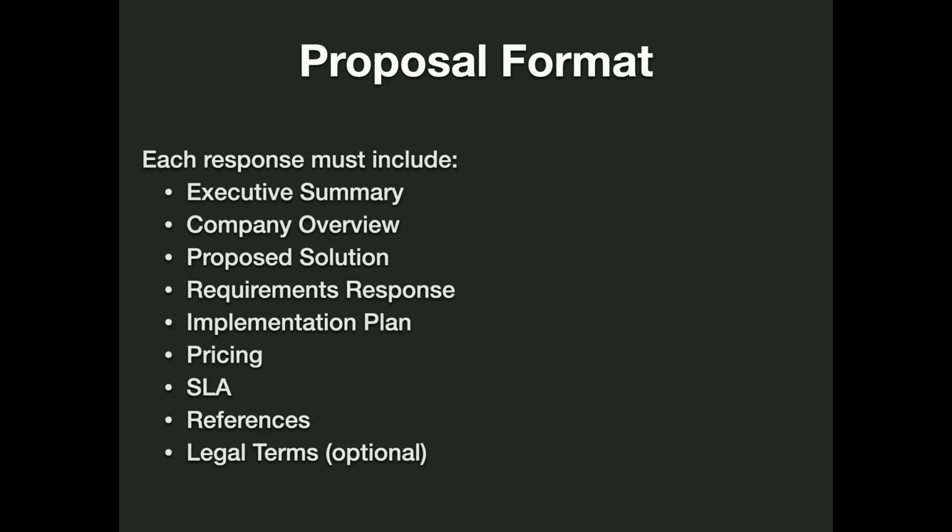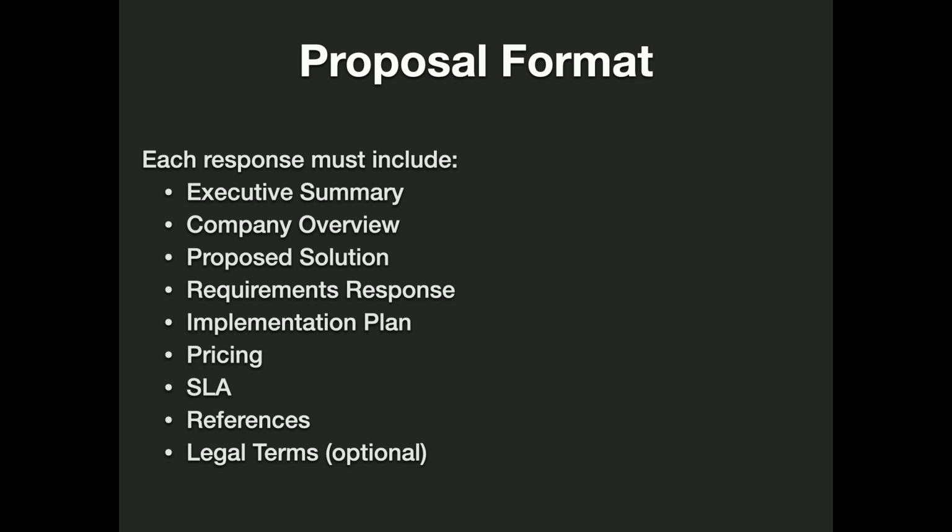The proposal format. Now, this is from a more structured point of view, so you don't have to follow this exactly. But if you're going to present this to your manager, which is what we are pretending that we are going to do, you should have an executive summary. What is it that you want to do? I want an MDM. Why do we need an MDM? Because we need to manage all the things. Because right now, everyone can do anything willy-nilly.